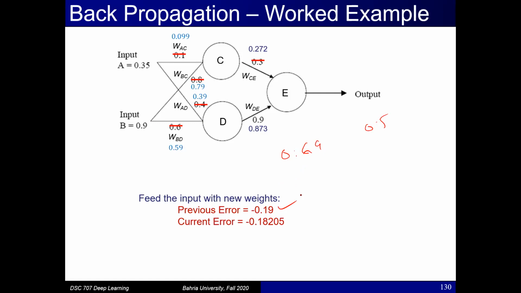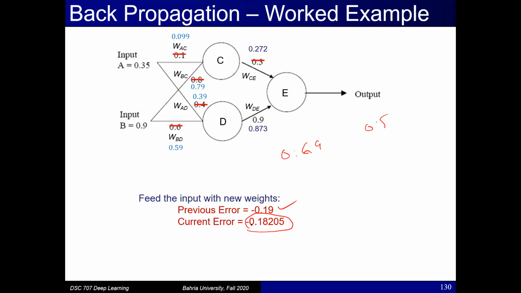If you perform the forward pass with the new weights, your difference would be smaller. It is not calculated here, but you can do it to convince yourself. So you see you are getting closer to your target. It means you will keep on doing this, and eventually you will arrive close to your target, which is 0.5 for this example.